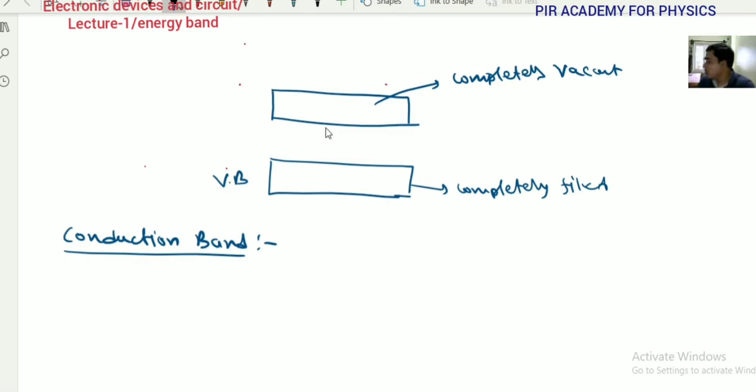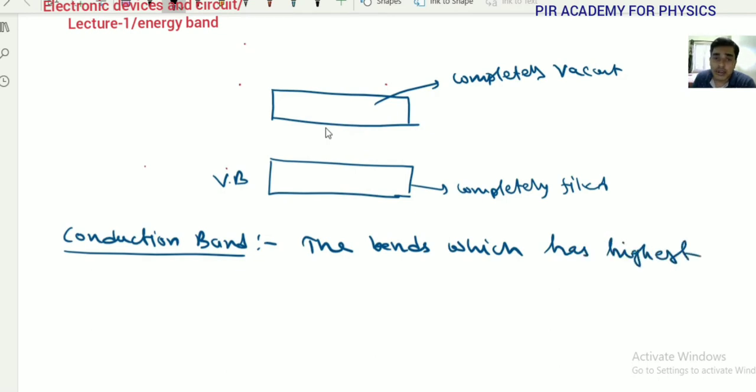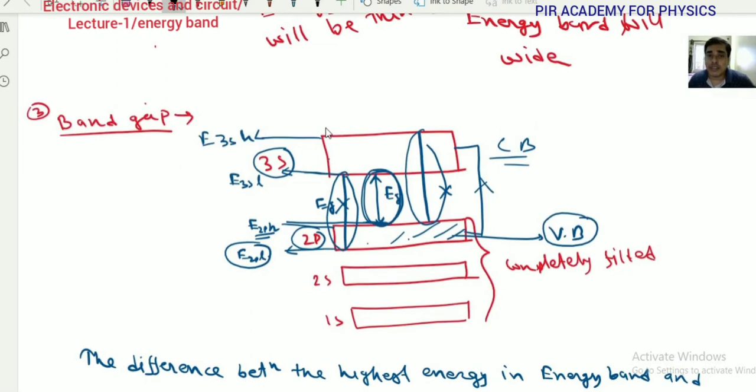That means the band which has the highest energy. For sodium, 3s is the highest energy band.